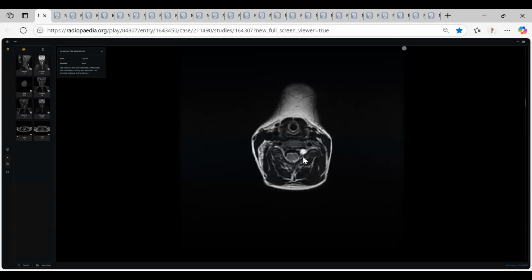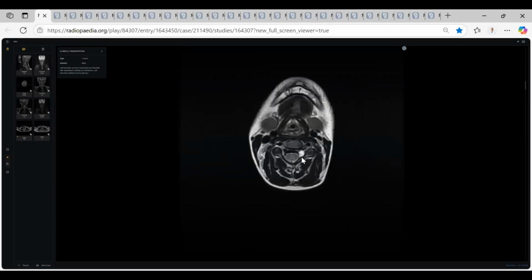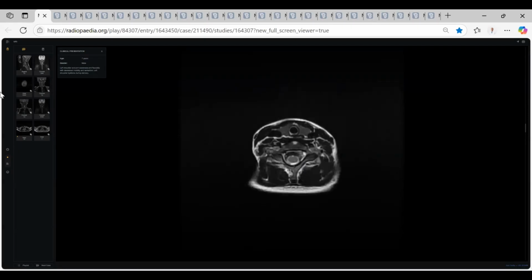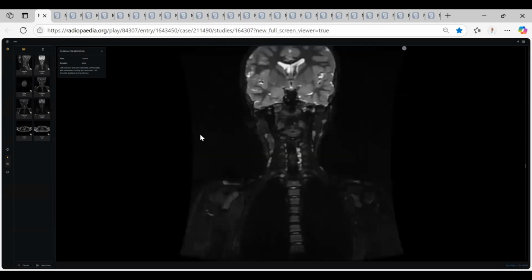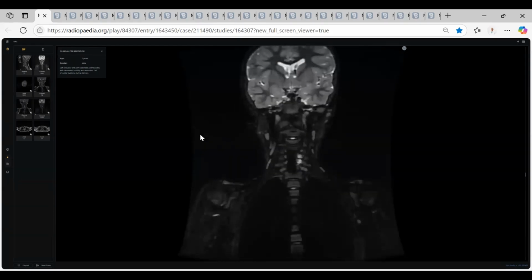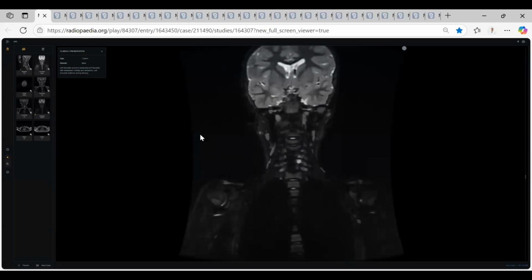It looks like widening of the... Look at this, please. Look here. What happened?